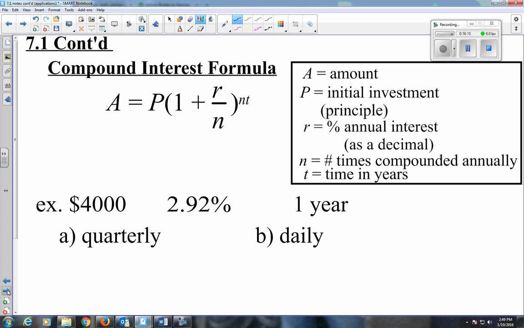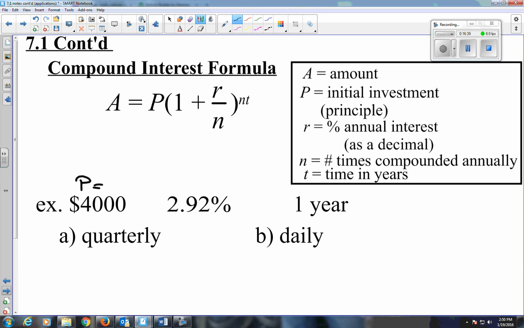I deposit $4,000 in an account at 2.92% annual interest, and I want to know at the end of 1 year how much I would have in my account if it was compounded quarterly. I'm going to do the second one for a date. 4,000 is going to replace what variable in my formula? P. Okay, so 4,000 is P. What's this one going to be?